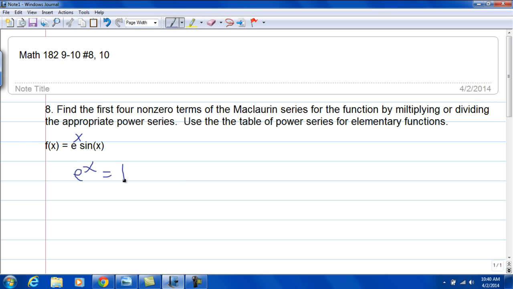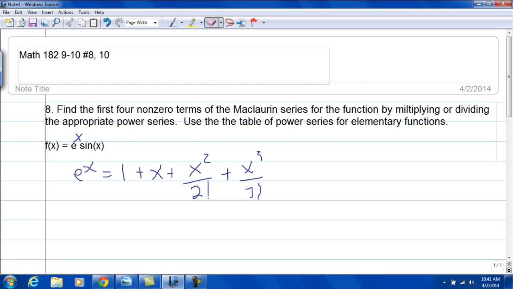1 plus x squared over 2, or 2 factorial, which is 2, plus x cubed over 3 factorial, which is 6, plus x to the 4th over 4 factorial, plus dot dot dot.